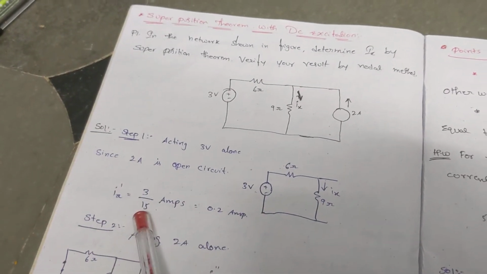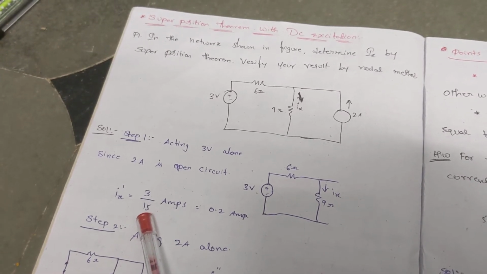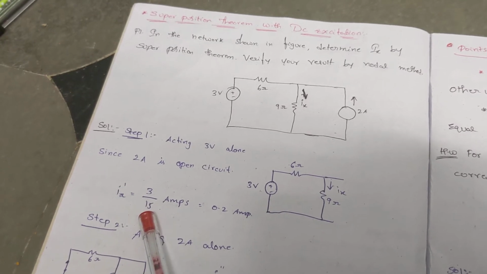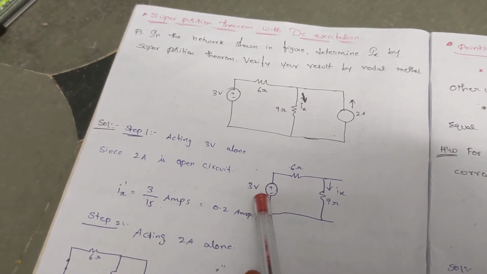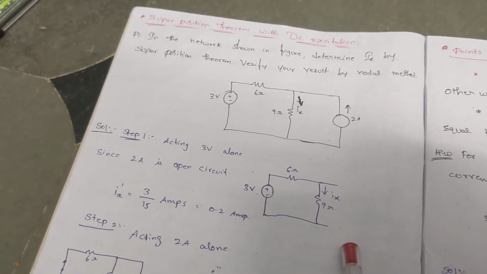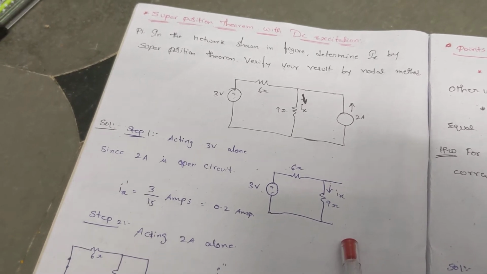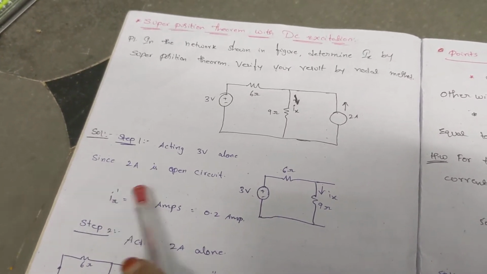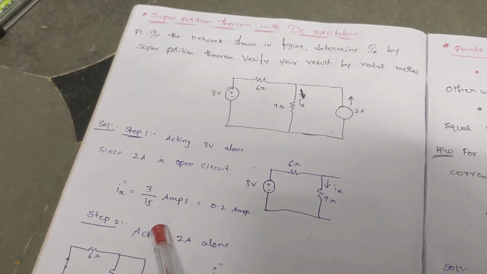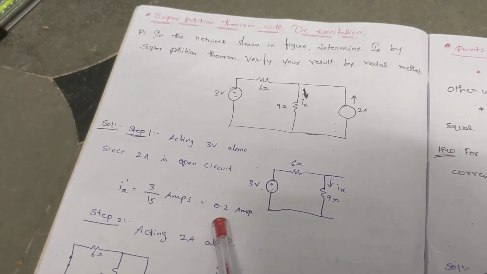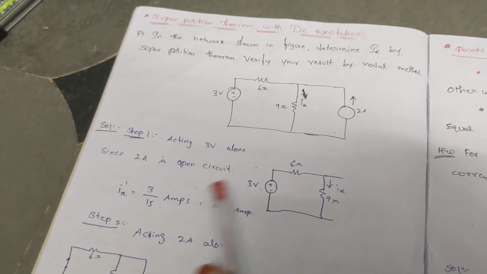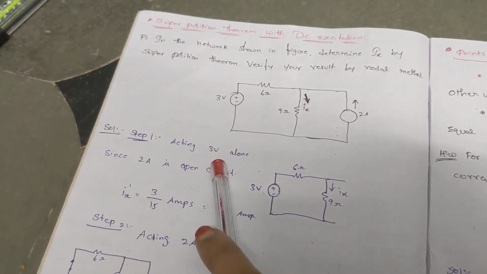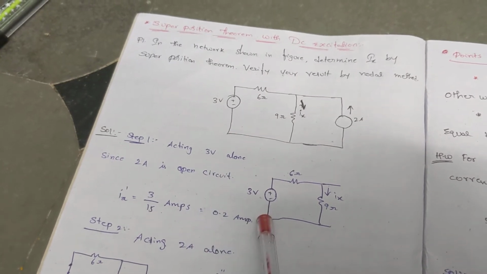As per Ohm's law, the current is the voltage divided by the total resistance. Here the voltage is 3 volts and the total resistance is 15 ohms. So the current is 3 divided by 15, which is 1 by 5, that is 0.2 amperes. So 0.2 amperes is the current because of the 3 volt voltage source.